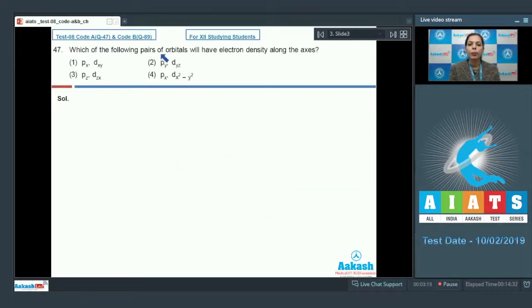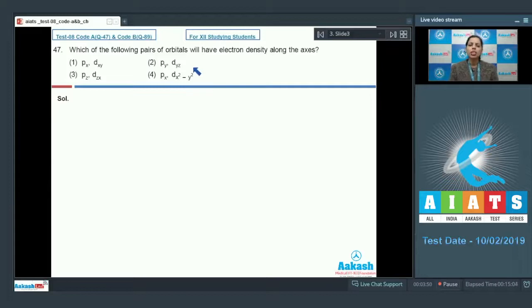After that, question number 47. Which of the following pairs of orbitals will have electron density along the axis? To identify this, you just have to see the structure of these orbitals. We have in the first option px and dxy orbitals. In the second option py and dyz. In the third option pz and dzx. While in the fourth option there are px and dx square minus y square.